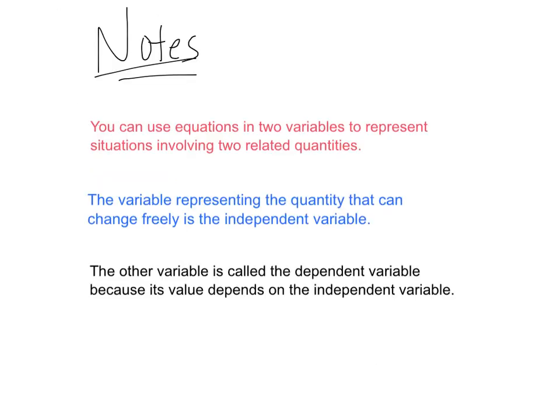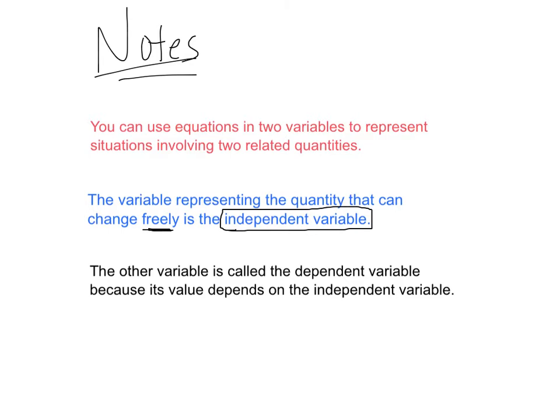Alright, here are a couple notes for you before you start example 2. You can use equations in two variables to represent situations involving two related quantities. The variable representing the quantity that can change freely is the independent variable.